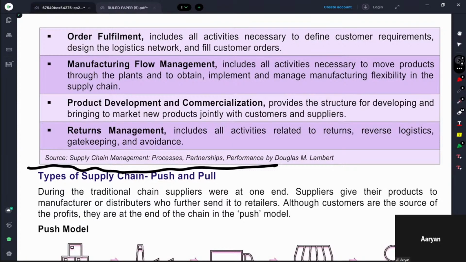And please read out those 8 key business process very, very carefully, beta. What are those 8 key business process?